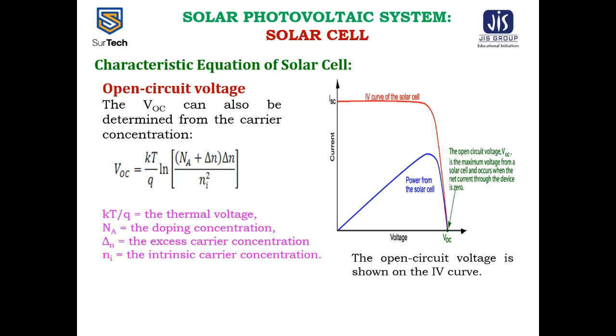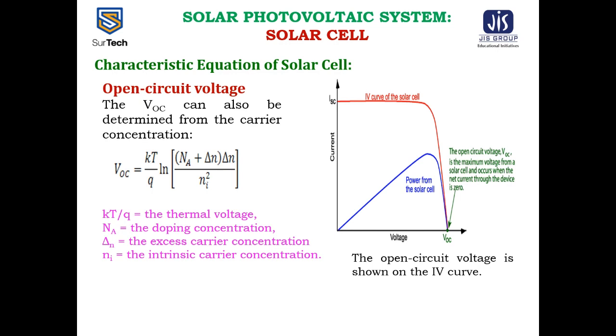Now the VOC can also be determined from the carrier concentration, where it is expressed as VOC is equal to kT by q ln of (Na plus delta N) into delta N by Ni square, where kT by q is the thermal voltage, 0.026 volt at 25 degrees centigrade, Na is the doping concentration, delta N is the excess carrier concentration, and Ni is the intrinsic carrier concentration.